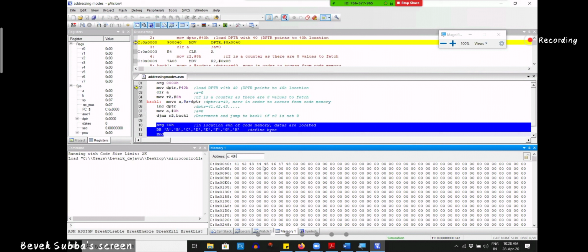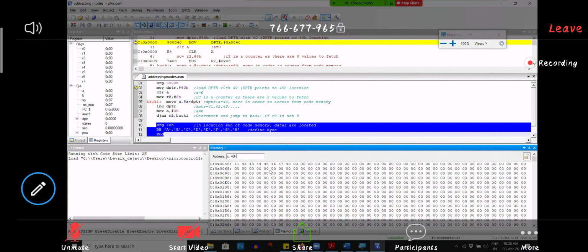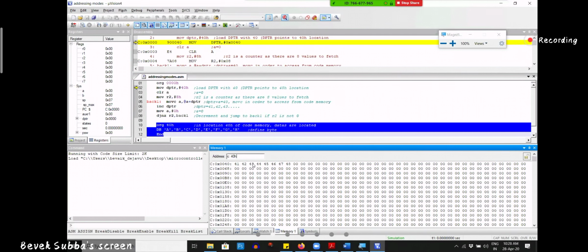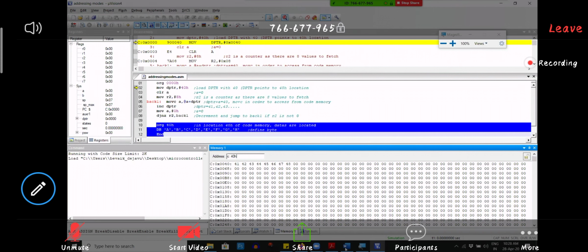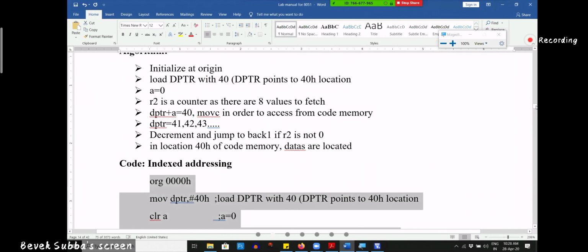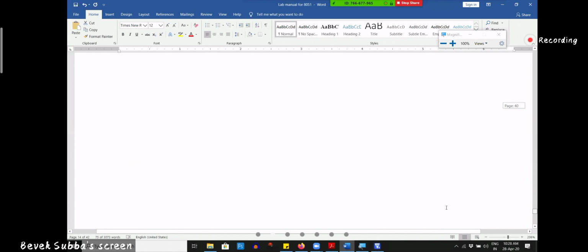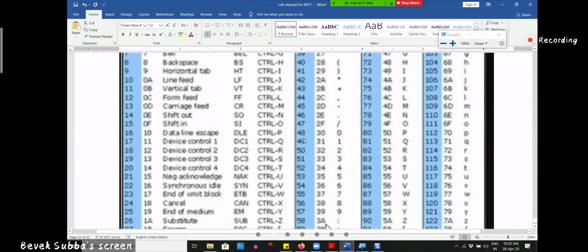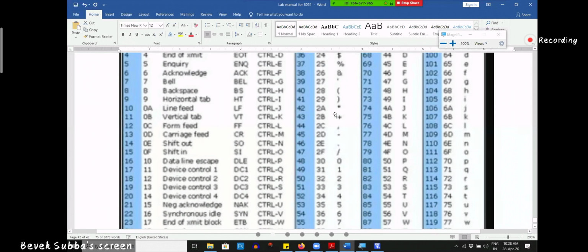Why is it 41, 42, 43, 44 instead of A, B, C, D? Instead of A, B, C, D, why is there 41, 42? Yes, it is the ASCII value of A. Let's see whether the ASCII value of capital A is 41 or not.